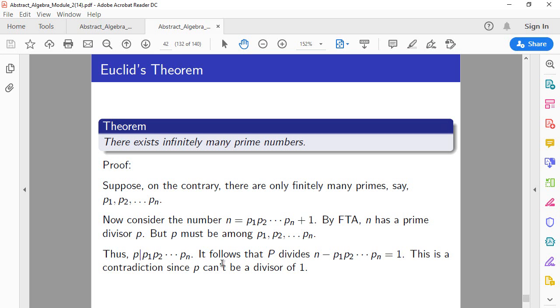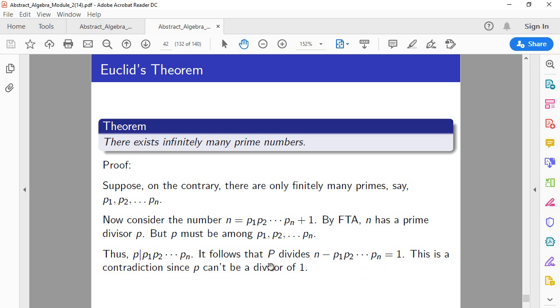It then follows that since p is a divisor of n and p is a divisor of this product, p must divide n minus the product of these prime numbers, which is actually 1. So then we are seeing that p must be dividing 1.